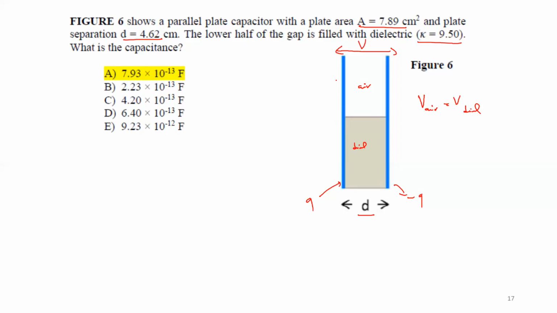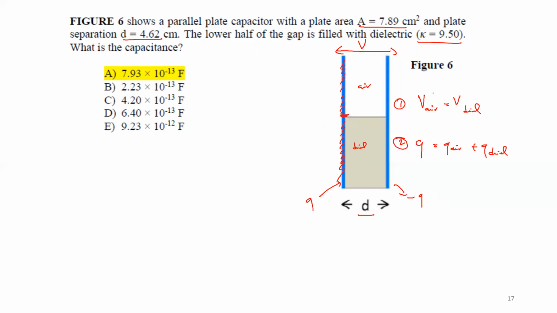So that's my first equation. My second equation is that my total charge Q will be Q dielectric plus QA. The total charge on each plate is the charge which is in contact with air plus the charge which is in contact with dielectric. So that's my second equation.